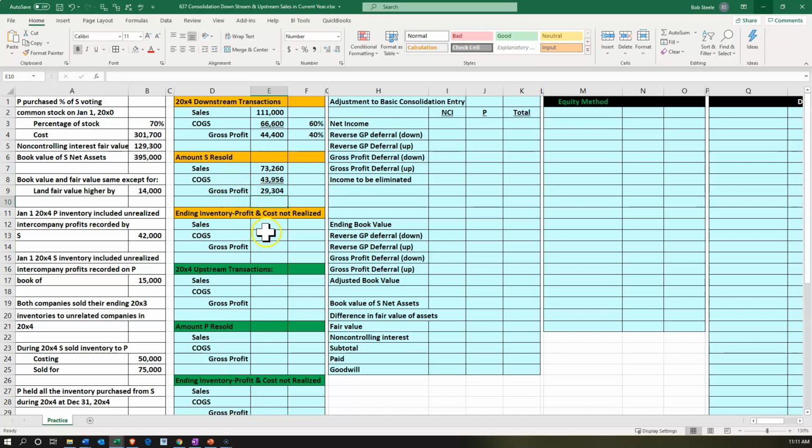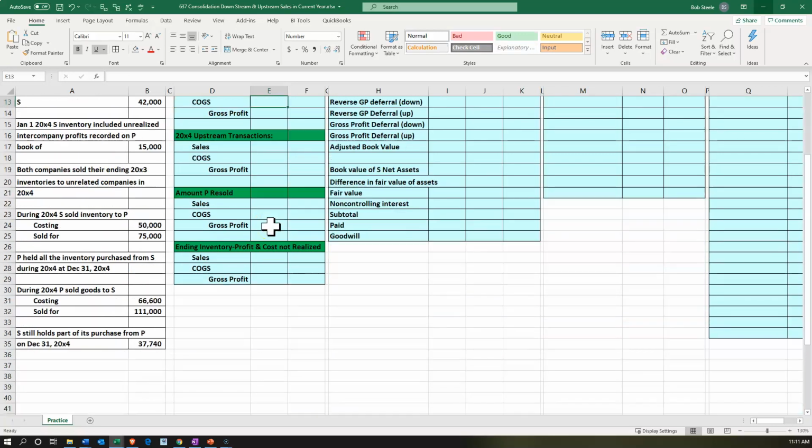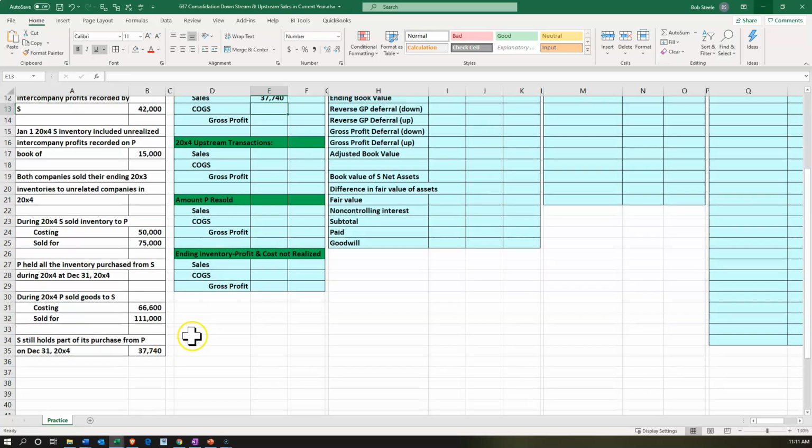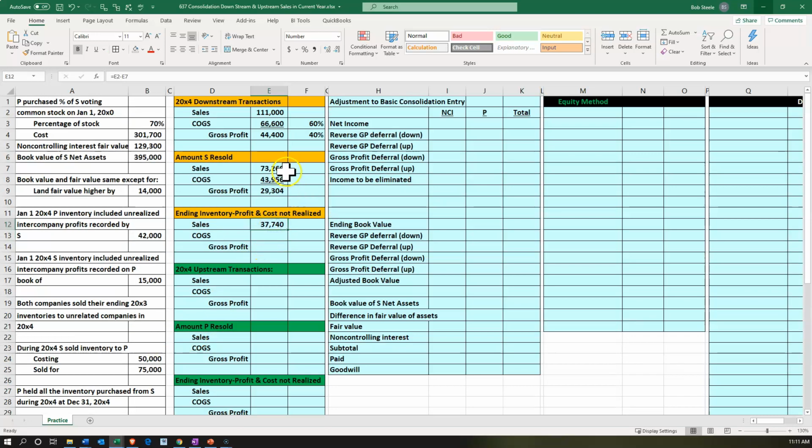Then, that means the ending inventory, what's left, is going to be the 111 minus the 37, which you could have gotten from this number here. And if you got that 37, you could back into this number if you wanted to do it that way.